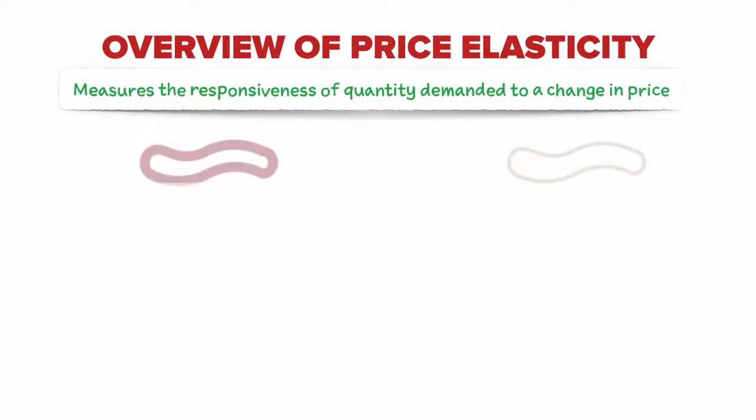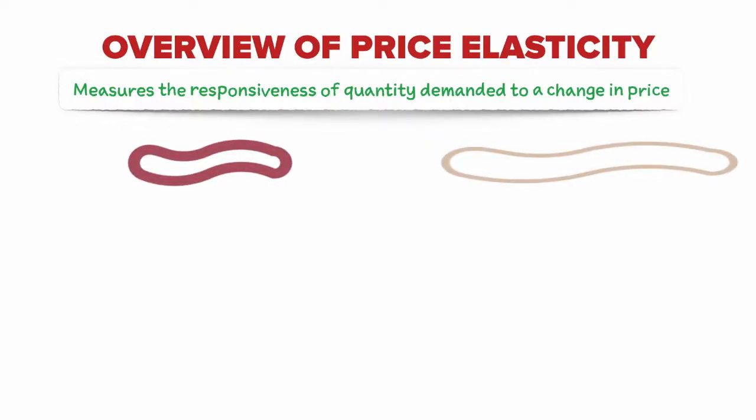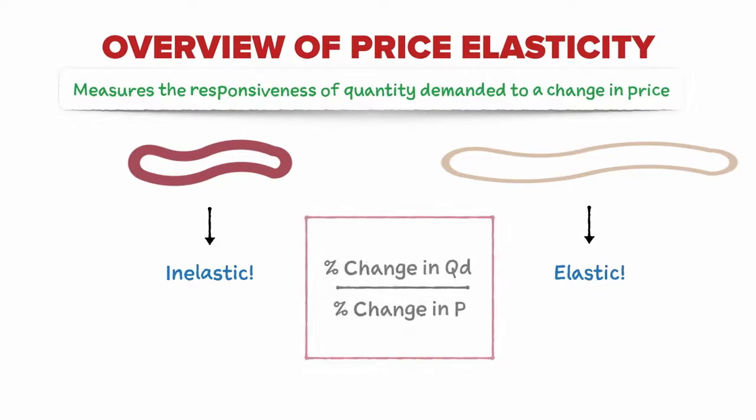Some red elastic bands are pretty thick and tough, but some dark beige elastic bands are pretty thin and really flexy. In the same way, demand for some goods changes a lot due to price, and others not so much. So back to elasticity of demand, we can measure this by looking at the percentage change in quantity demanded relative to the percentage change in the price.